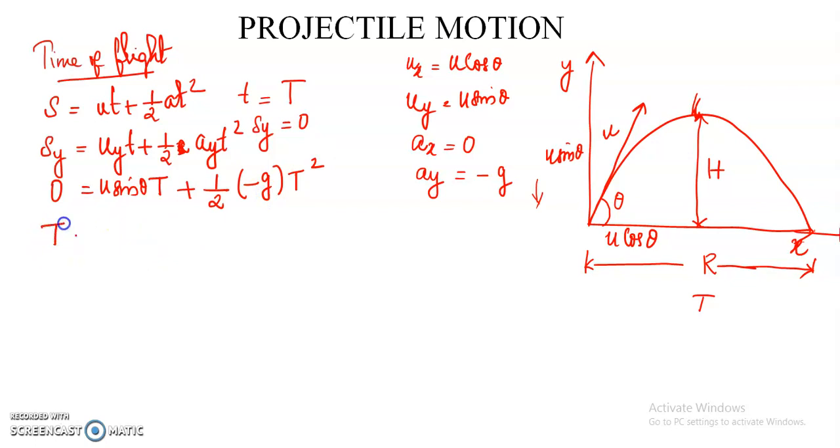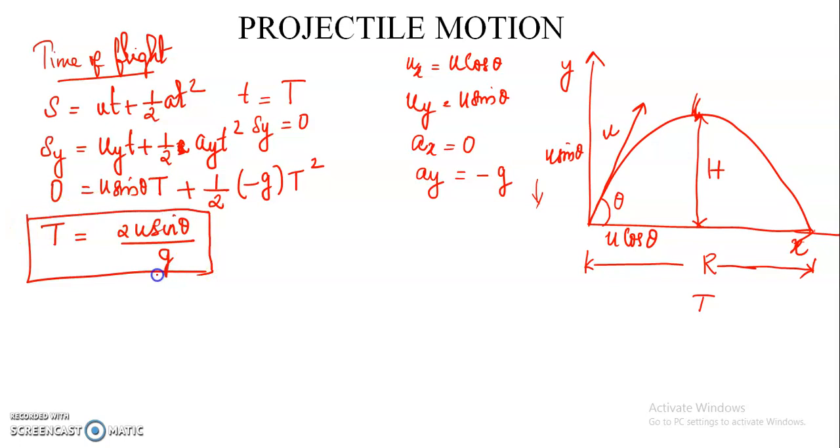So we get an expression for the time of flight T as T equal to 2u sin theta divided by g. This is the expression for the time of flight. If the initial velocity and the angle of projection are given, we can calculate the time of flight.